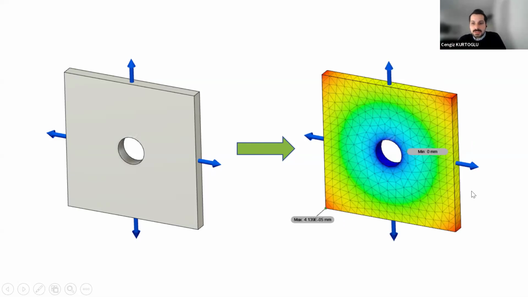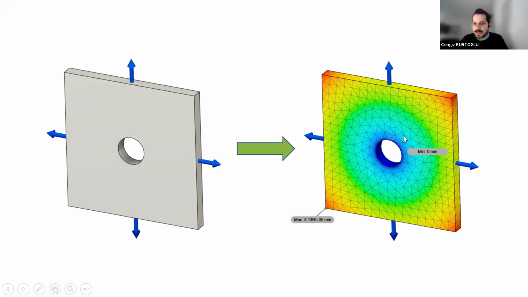Well, as you can see, the displacement is minimum on this side, and the maximum displacement is in the edge of these parts, because there are two sides of load, and also the parts have different sizes here.